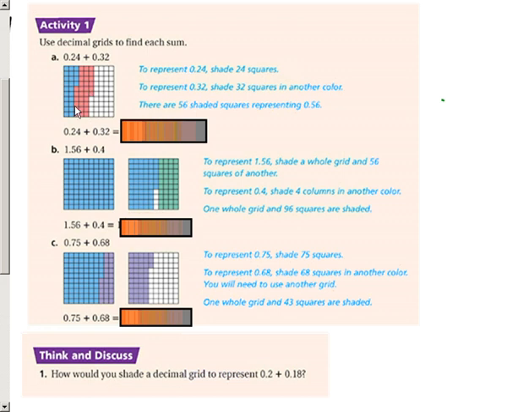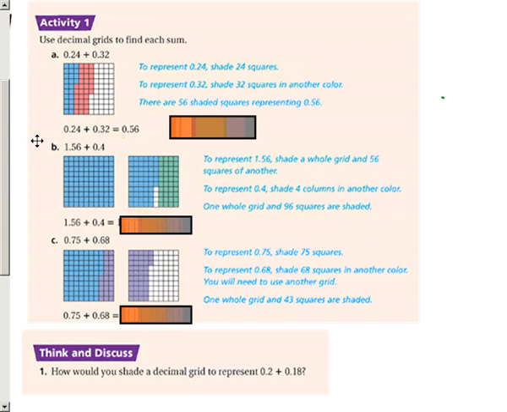Well, if I combine these together, you can see that I've got 1, 2, 3, 4, 5 rows of tenths, and then I've got 6 hundredths. So my answer is going to be 56 hundredths. So if I ate 24 hundredths of the brownie pan and then I ate another 32 hundredths, that means I've eaten 56 hundredths total.